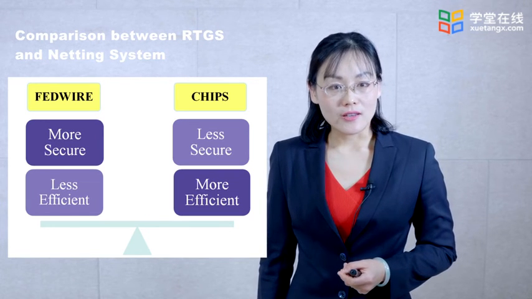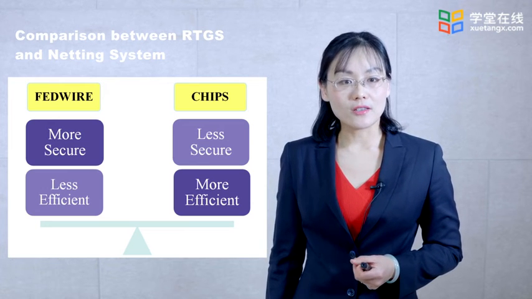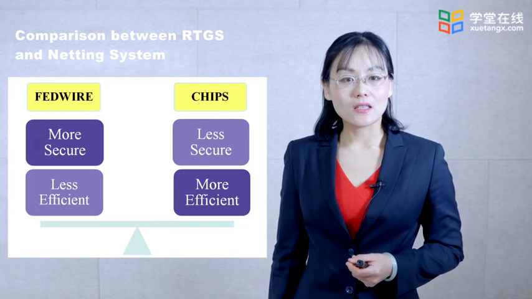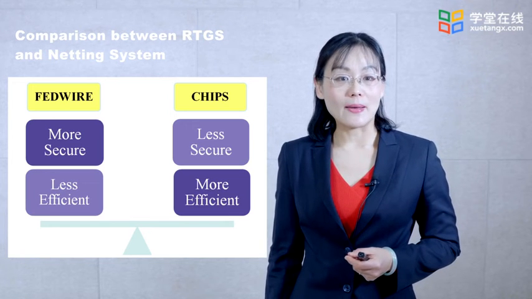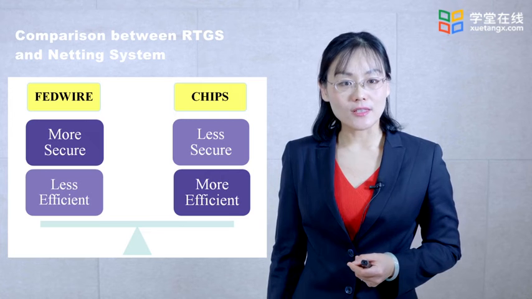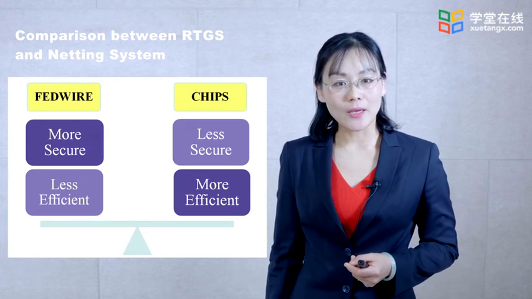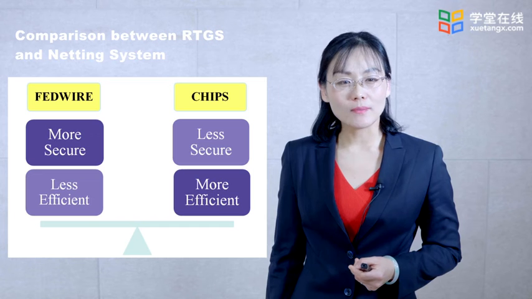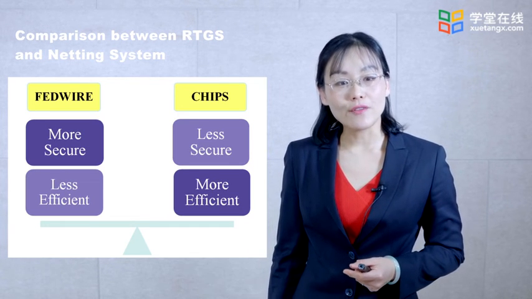A netting payment system lowers the liquidity requirements that banks need in order to settle payments of a specific value, since only the difference between the value of an individual bank's incoming and outgoing payments is settled by transferring funds.